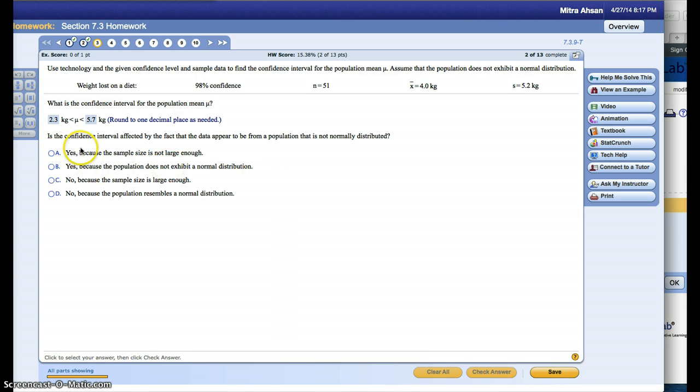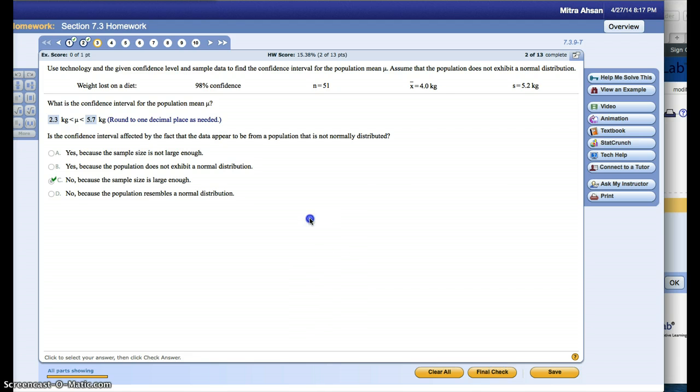And then, is the confidence interval affected by the fact that the data appears to be from a population that is not normally distributed? No, because sample size is large enough, so that's fine.